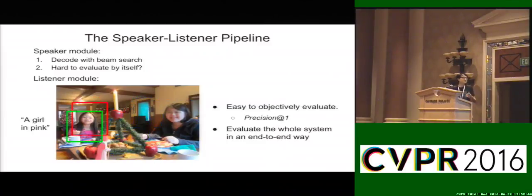Note that this task is actually very similar to the object detection task, except that we replace the object class labels with the description. So we can borrow some evaluation methods from object detection, such as precision at 1. And this gives us a pretty objective evaluation for the listener model.